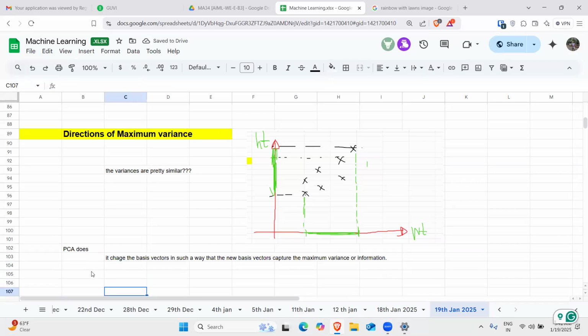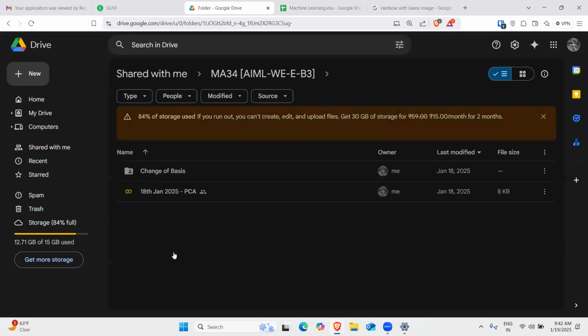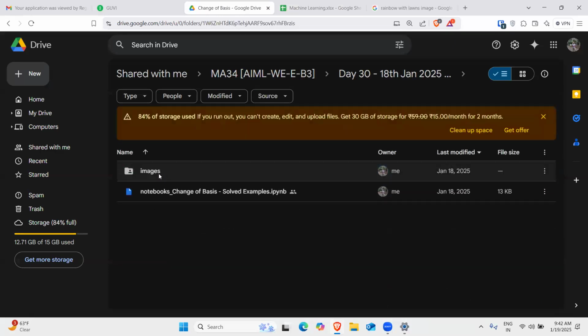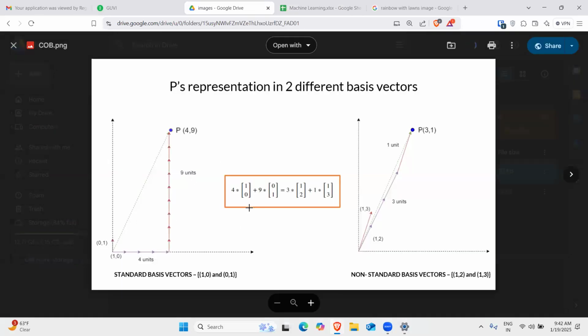In the next part we'll get to know how this happens. You already have an idea about this, but let's see. Already we have discussed, we are finding the change of basis vectors, and we are getting the direction of maximum variance, yes or no?